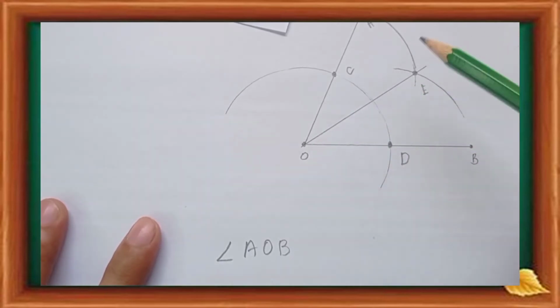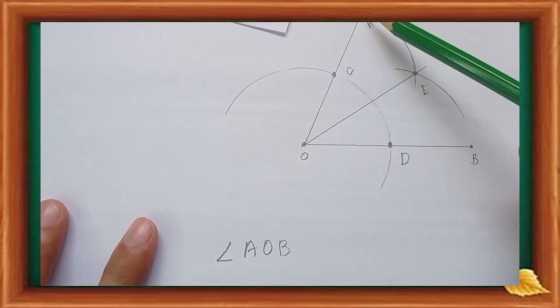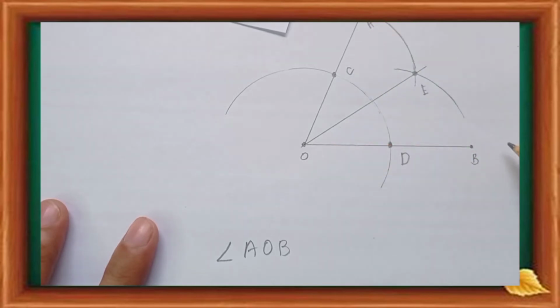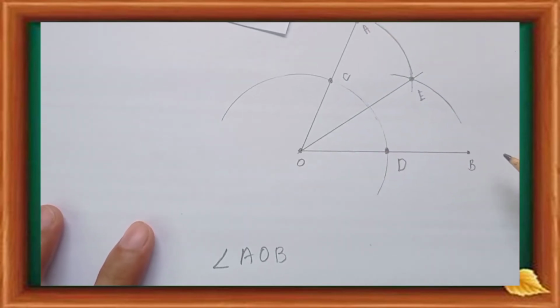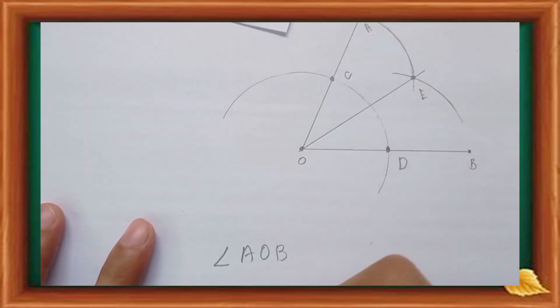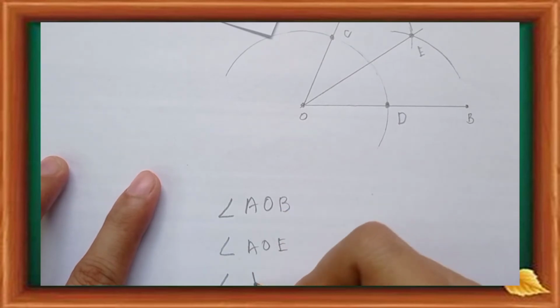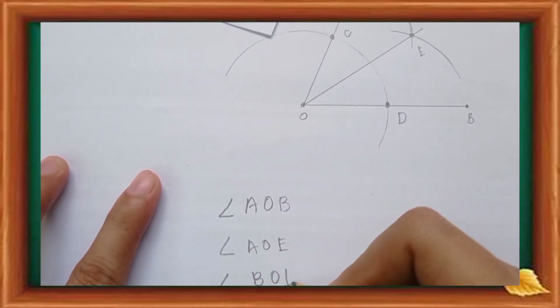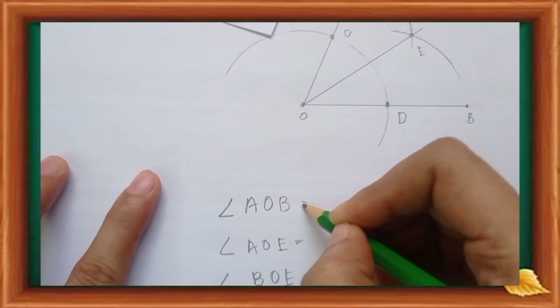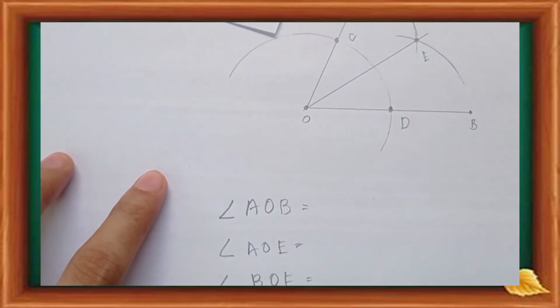Segment OE divides angle AOB into two angles. Let us label this point as E. So we have angle AOE and angle BOE. This time, let us use the protractor.